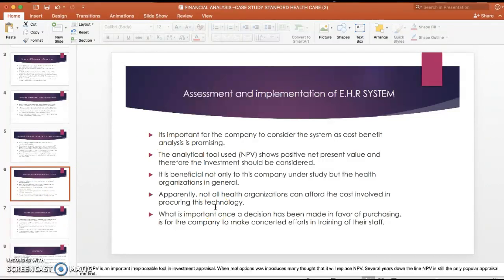For EHR systems, I'm also one of the EHR consultants, so this is something really close to my heart, and it's really important for every organization to embrace an EHR system because, one, it makes patient data more accessible to other providers.